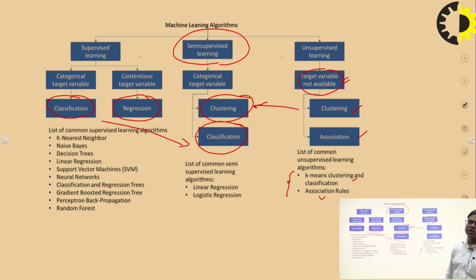So semi-supervised is when your data has some labeled data and some unlabeled data, some outcomes are presented and a few outcomes are not presented. Then the combination of the properties of both models can be called semi-supervised learning. For that, generally we use linear regression and logistic regression.